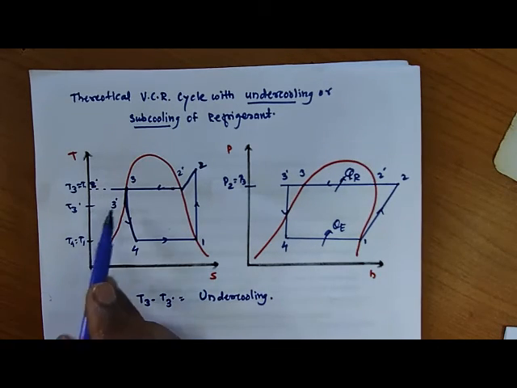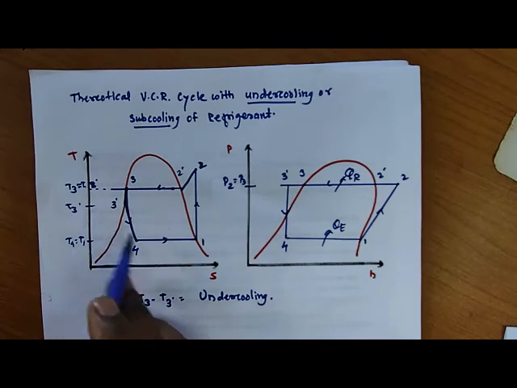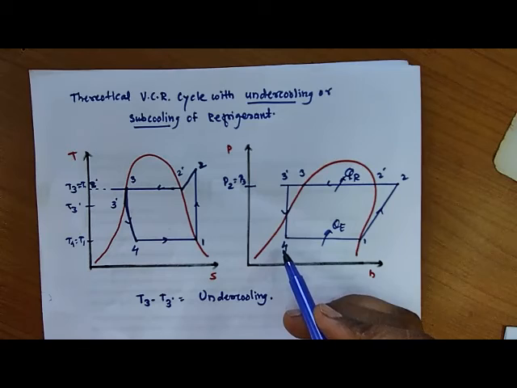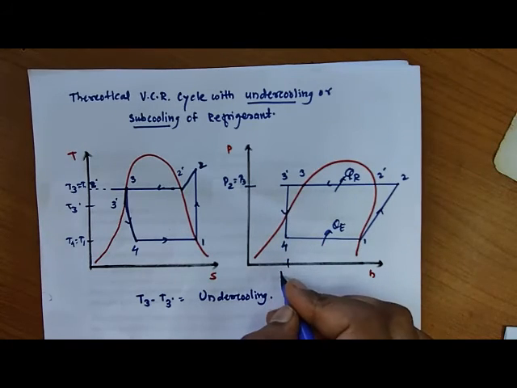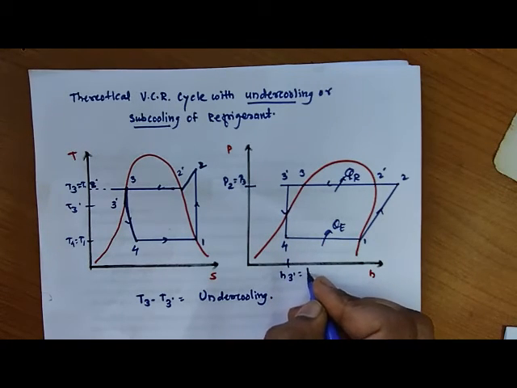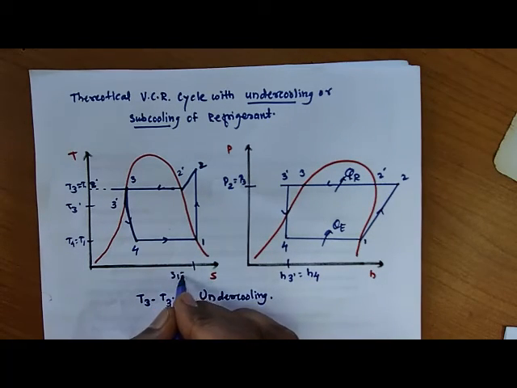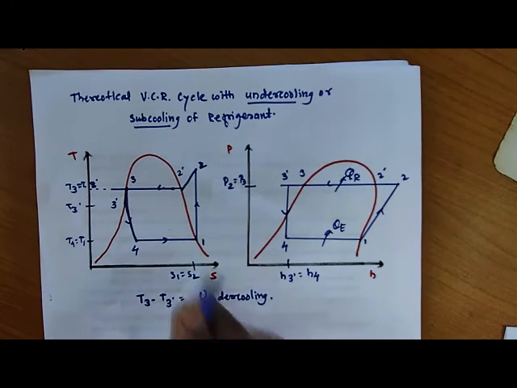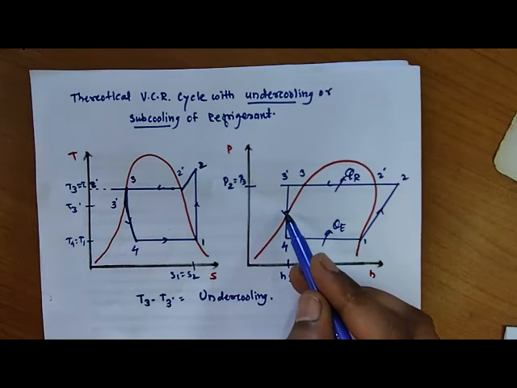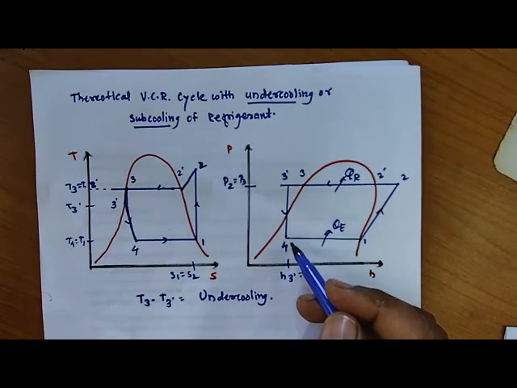And again the expansion process is carried out from point 3 dash to 4 at constant enthalpy. So H3 dash is equal to H4. Here for 1 to 2, S1 is equal to S2, entropy is constant for the compression process, and enthalpy is constant for the expansion process.